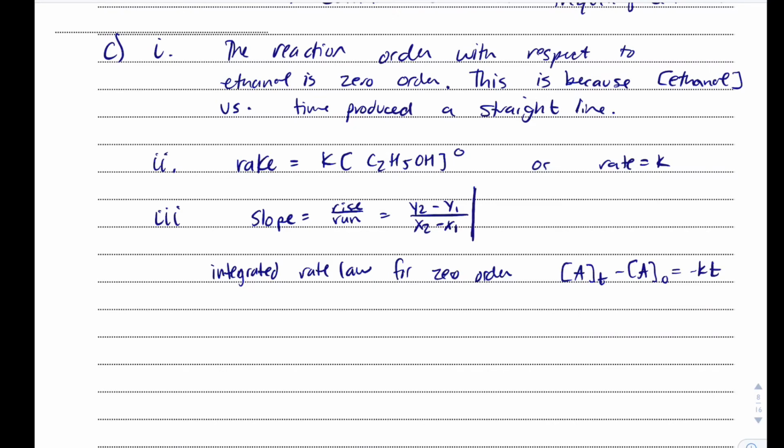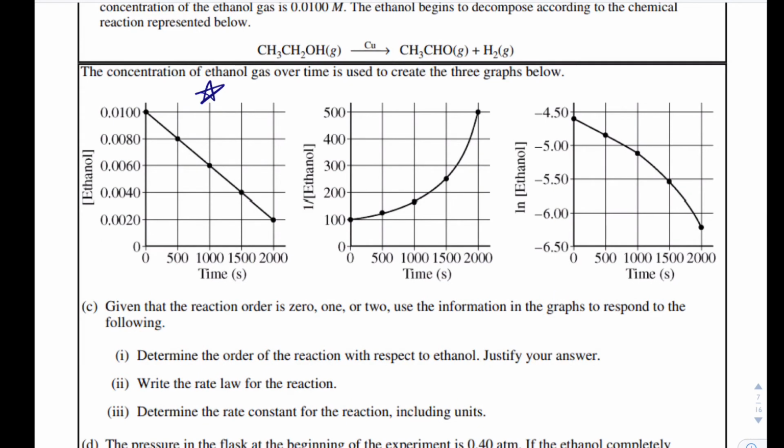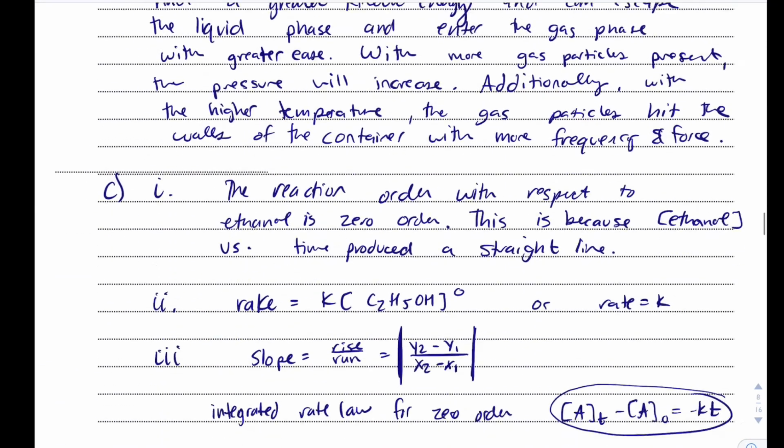And we know that the absolute value of the slope is going to be what our k is. So I'm going to use just the slope. And if you think about it, this equation that I've just circled is actually just a slope equation. It's just rearranged. So the points I'm going to use are 0 comma 0.01, and then 2000 comma 0.002. Okay, and I'm just going to find the slope here.